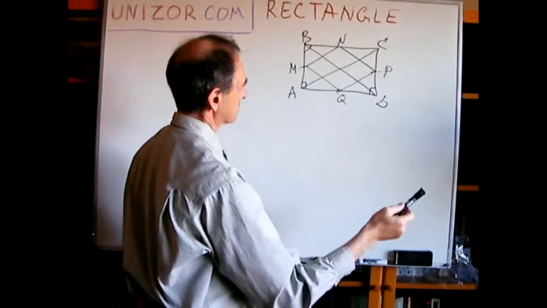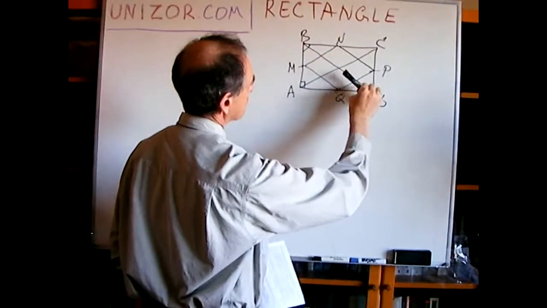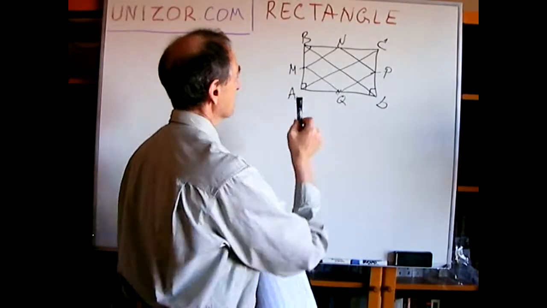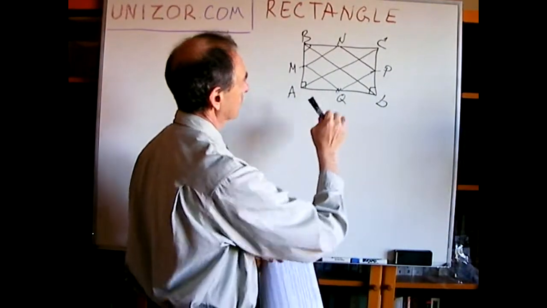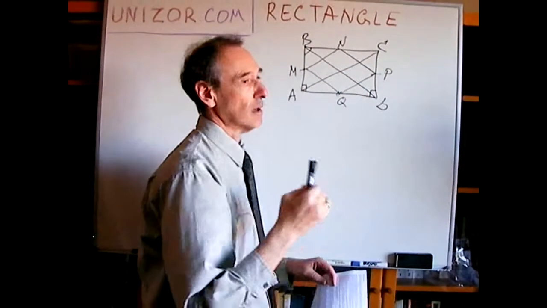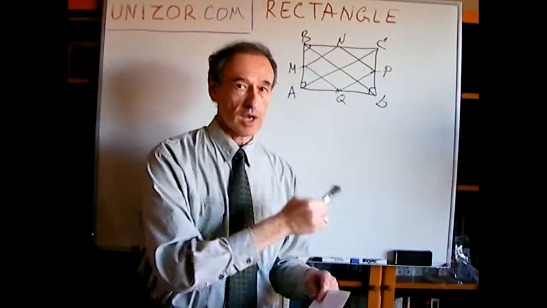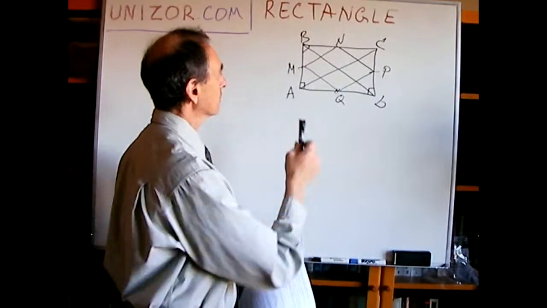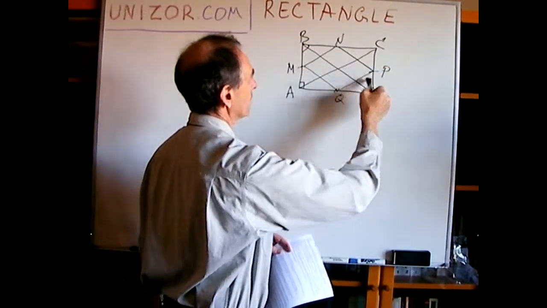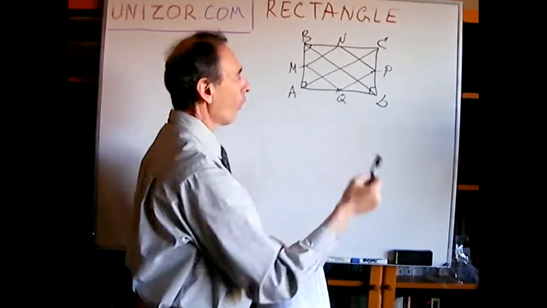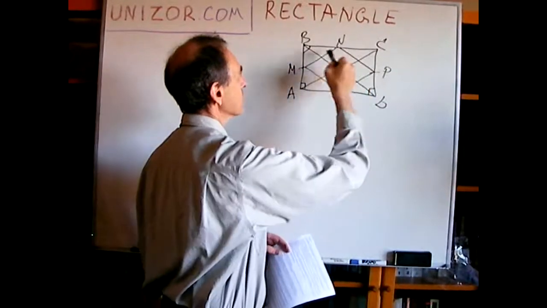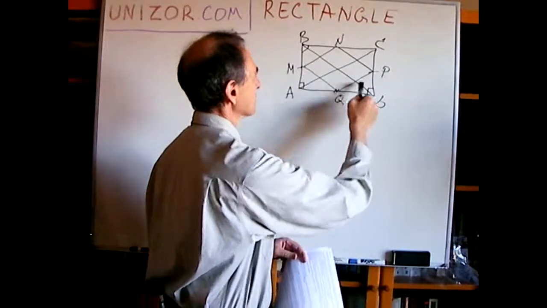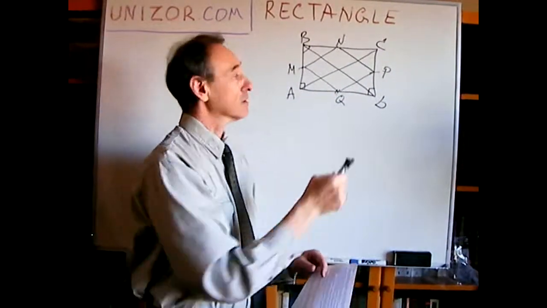NP is a midsegment, which is parallel to BD and equal to half of its size, same as MQ. But now, considering BD and AC are congruent to each other, which I have just proven, it looks like MN and NP and PQ and MQ are all equal to half of either diagonal, and diagonals have the same size, so these sizes are all equal to each other and equal to half of the diagonal.